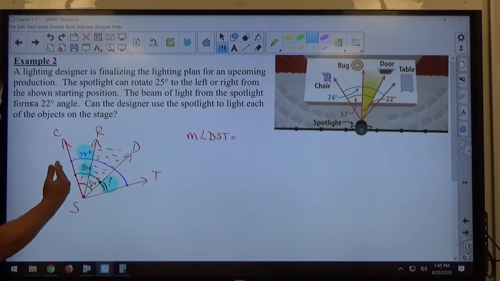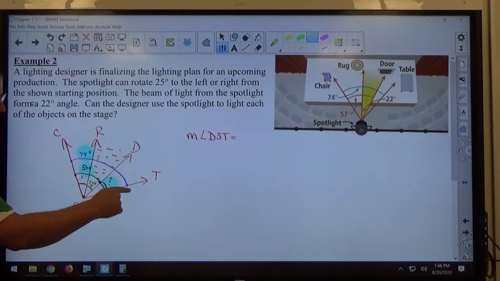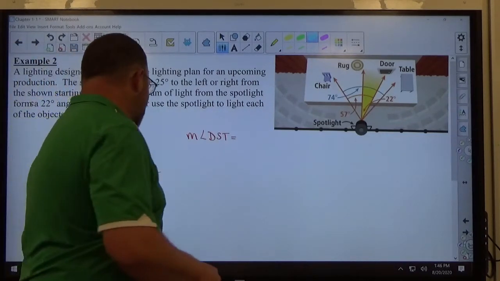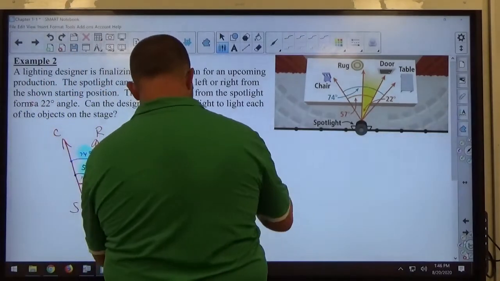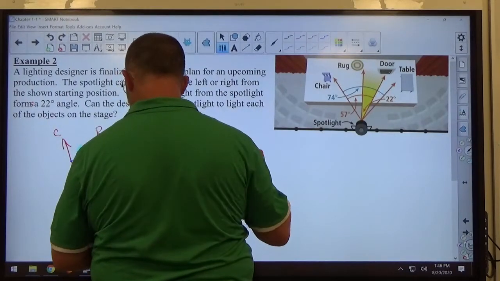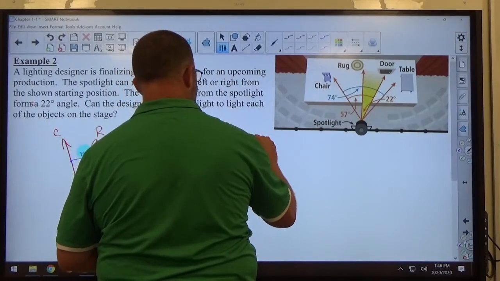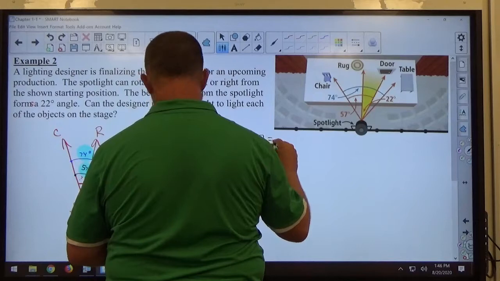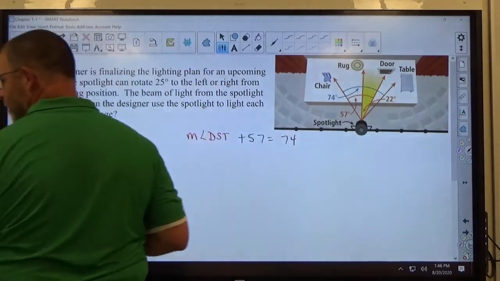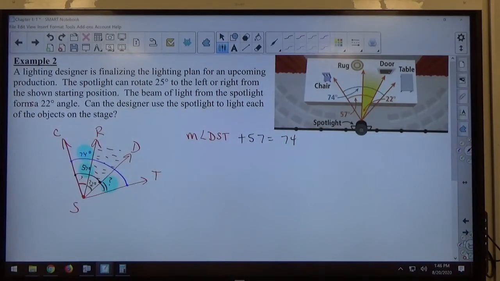DST smaller, CSD smaller, together make CST, the biggest, right? So what that looks like is measure of angle DST, plus 57 degrees, is equal to 74 degrees. So I'm just applying the angle addition postulate. A smaller angle and a smaller angle add to make the bigger angle. Small plus small equals big.